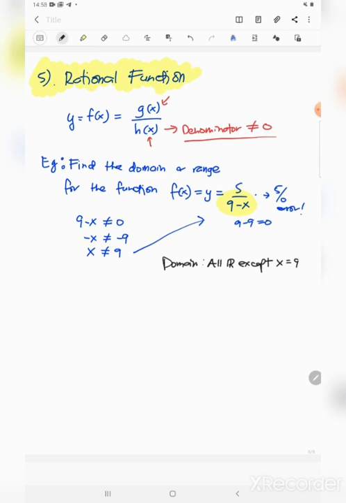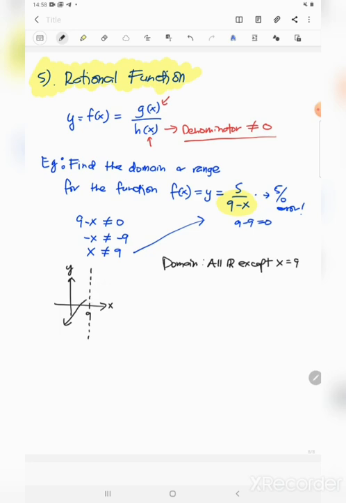Just to sketch the graph for this, I want to show you. Now we have x equal to 9, meaning that at the point 9 here we have an asymptote. Let's say our graph is just like this, this is just an example.